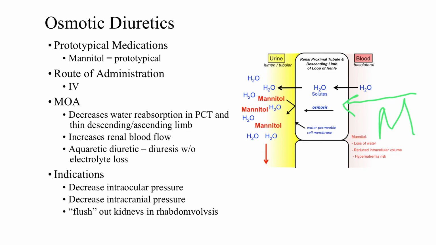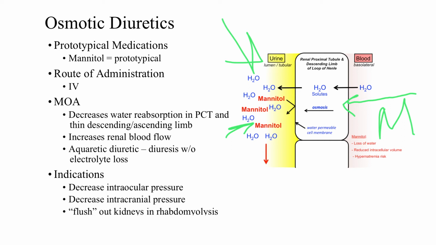So once it gets to the kidneys, it'll be secreted into the proximal convoluted tubule and station itself inside of the lumen. So here on the luminal side of these tubule cells, we see the mannitol. And again, mannitol is something that attracts water.